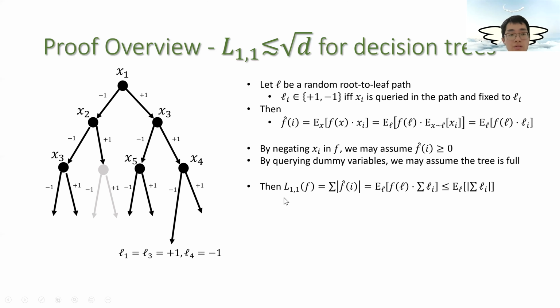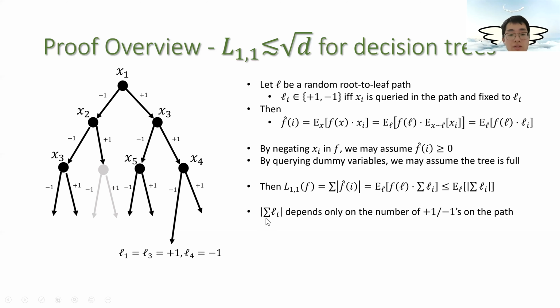Then the first level sum equals the sum of absolute values, where we can remove the absolute value and write it as the expectation over random paths of f(L) times the sum of Li. By the triangle inequality, and since f(L) is at most 1, we get that the first level bound is bounded by the expectation over L of the absolute value of the sum of Li.